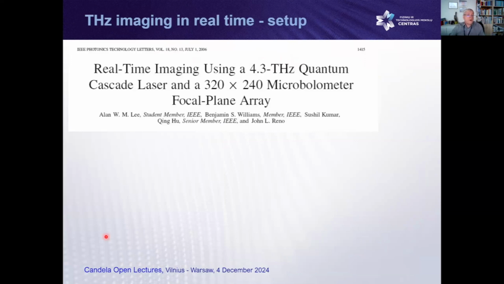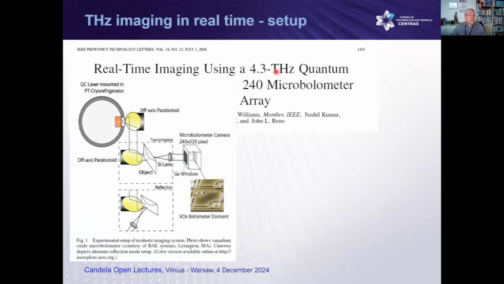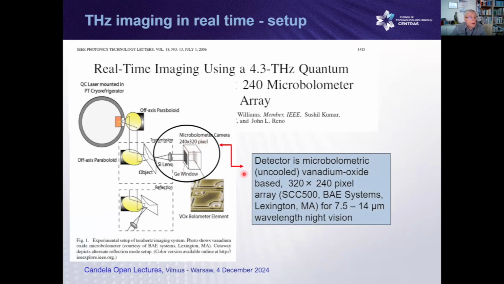So people from MIT, headed by the Qing Hu group, used a microbolometer focal plane array together with a quantum cascade laser. What they set up was very similar to the Vienna setup, but the main innovation here was the microbolometer camera, and here are the parameters from them. It is a vanadium oxide based, commercially available camera.